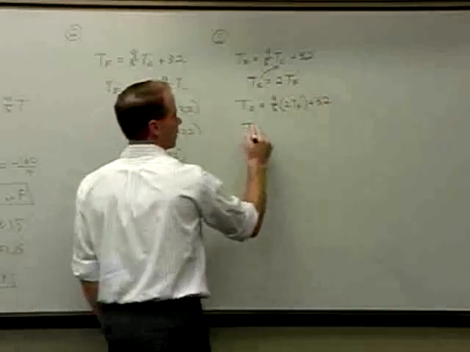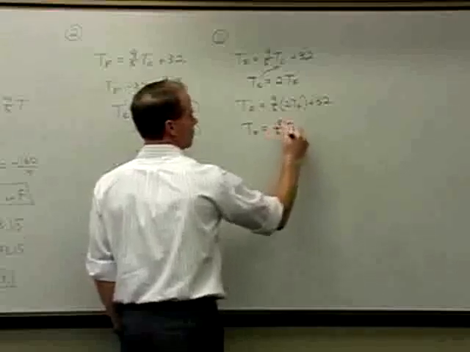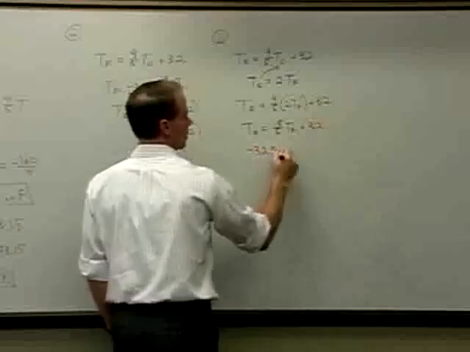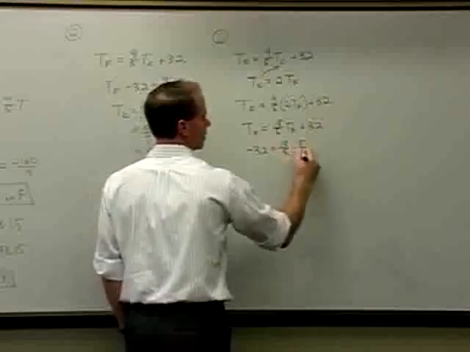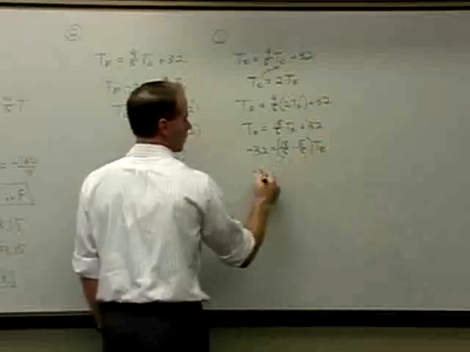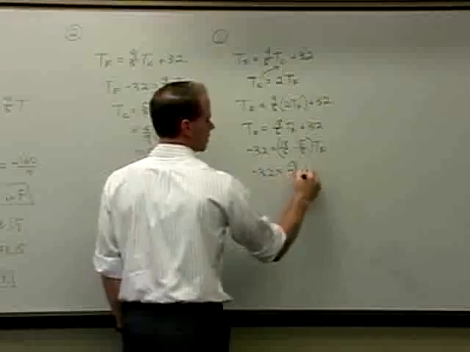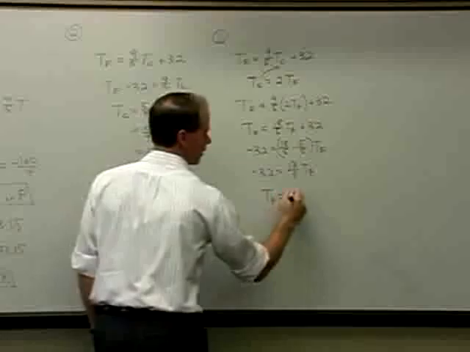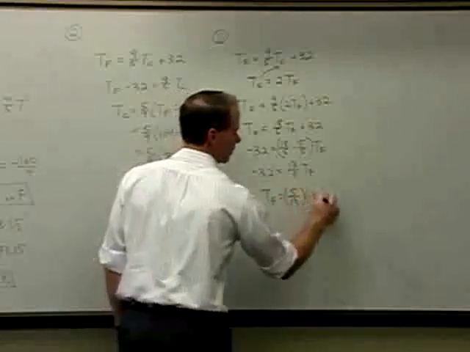So we'll have T sub F is 18/5 T sub F plus 32, or negative 32 is equal to 18/5 minus 5/5 temperature in Fahrenheit. Negative 32 is equal to 13/5 temperature in Fahrenheit, or the temperature in Fahrenheit is going to equal 5/13 times negative 32.